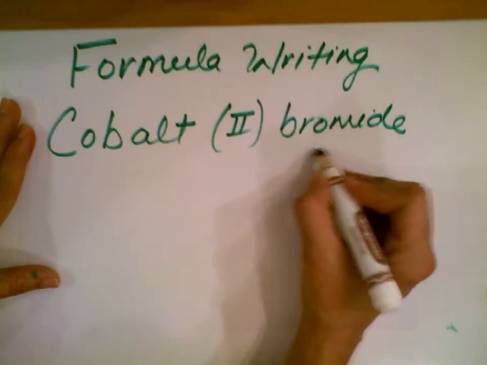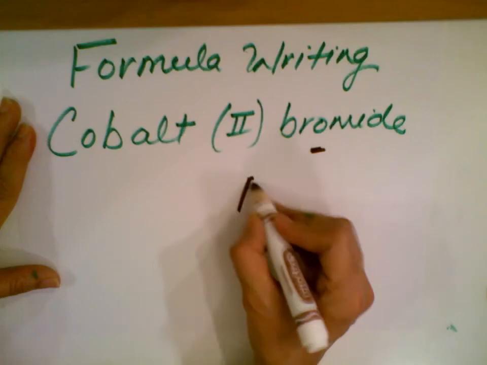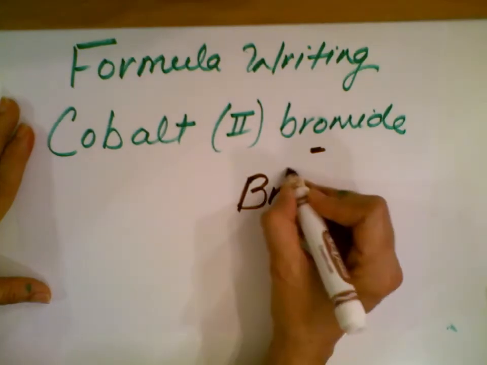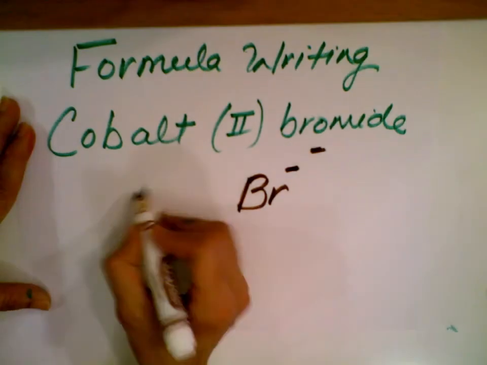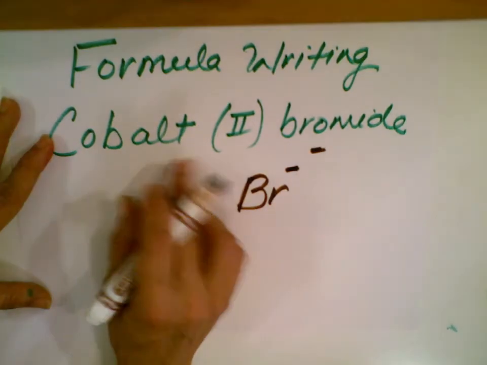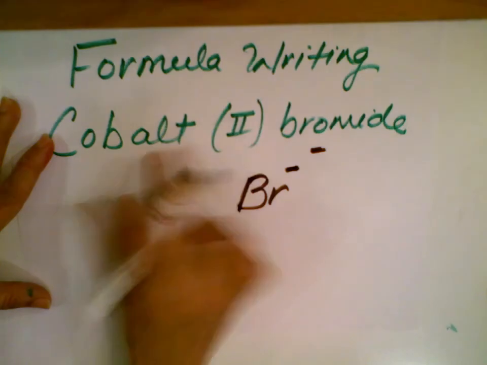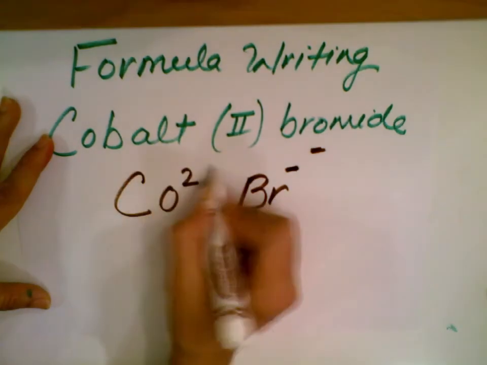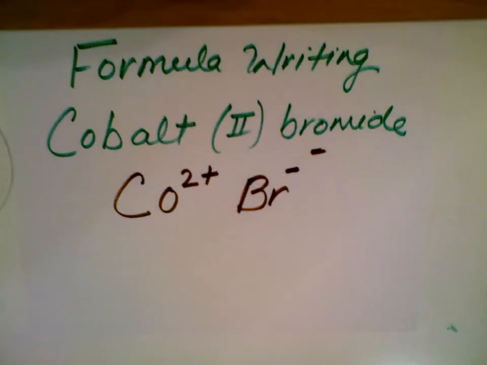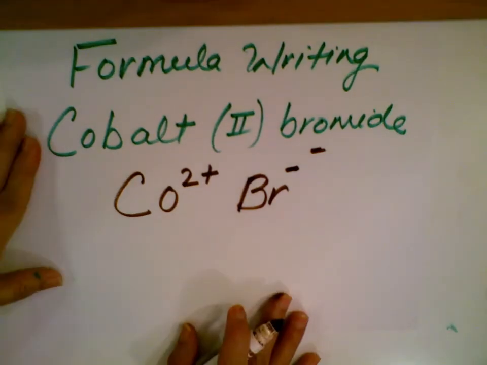Bromide is fixed, which is Br, bromine, bromide, negative charge, 1 negative, it belongs to group 7. The cobalt is the one here, it's already given here, 2 plus. So formula writing is easier when we use the transition metals here.